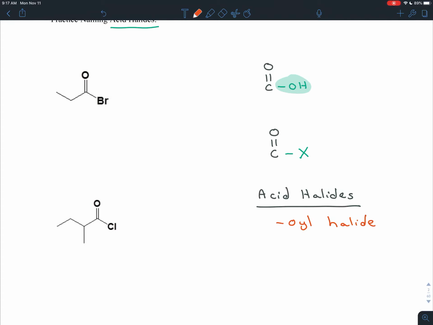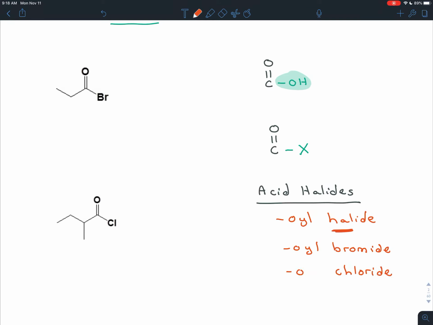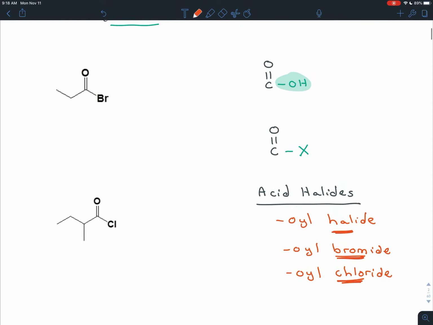Now you would never use the name halide. You would use the first syllable of whatever halogen you have. So for example, that could be brom, the first syllable of bromine, and IDE. So you could have oil bromide, or it could be chlor if you have a chlorine. Chlor is the first syllable of chlorine, add the IDE, you'd have oil chloride. So the hal in halogen is replaced by the first syllable of whatever halogen you have.